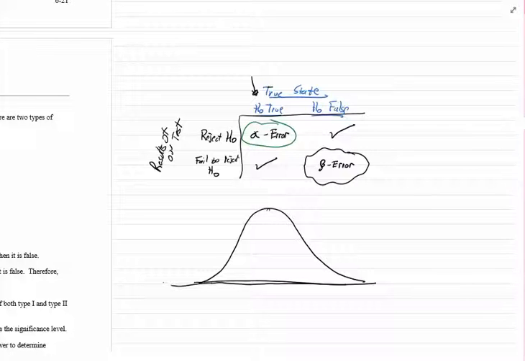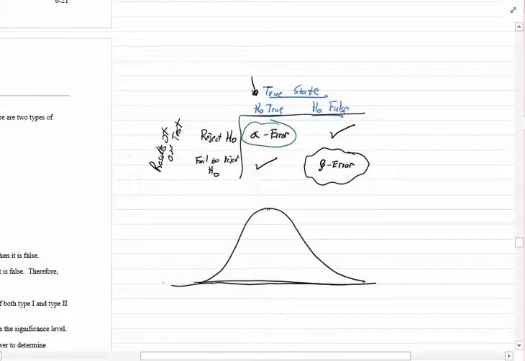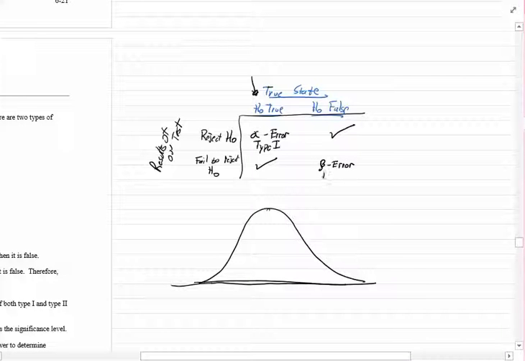And we have those two types of mistakes or errors. One's called alpha error, one's called beta error. You'll also find this nomenclature. Alpha is called type 1 error, and beta is called type 2 error. I'll generally try to refer to them as alpha and beta error.